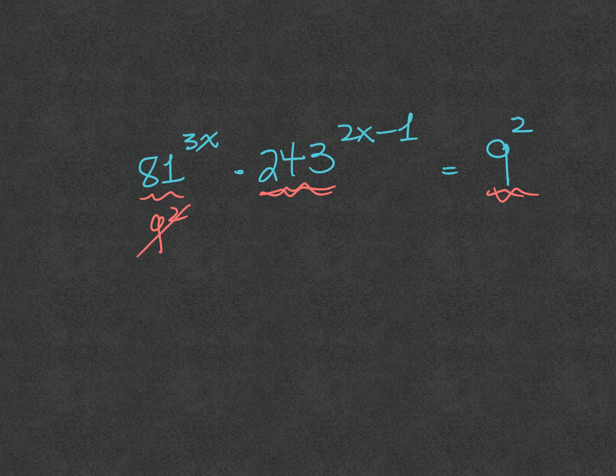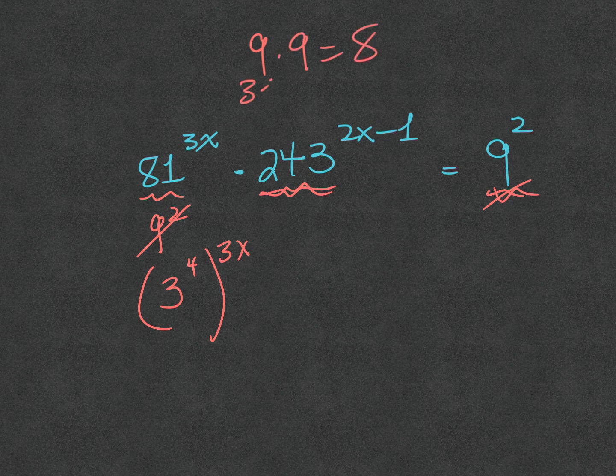If it's not 9, can we go back down to 3, make it smaller? 3 to the power of 4 is 81. Think about it this way: if 9 times 9 is 81, can we say 3 times 3 times 3 times 3 equals 81? Same thing. Make those relationships, because otherwise you won't be able to continue here. You'll be completely stuck.